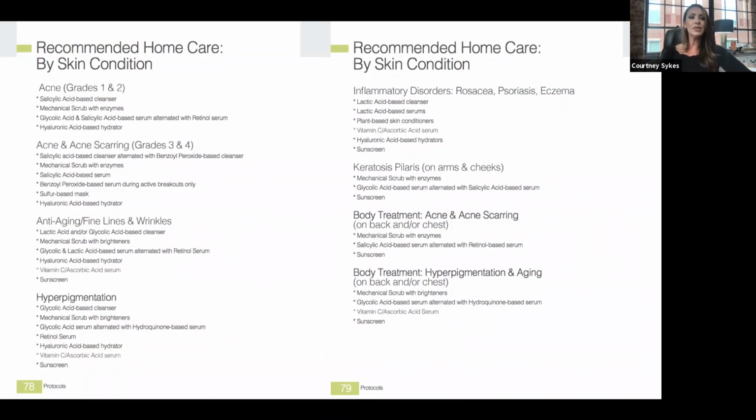Okay, these are some recommended home care by skin condition. I find this to be very important as well. So specific to ingredients only, not by brand. Okay, I really want you to hone in on that. And again, this all goes back to your understanding of ingredients. And that is my last slide.